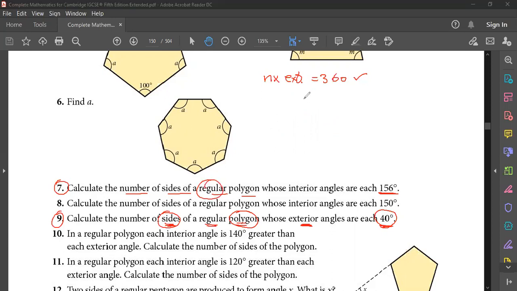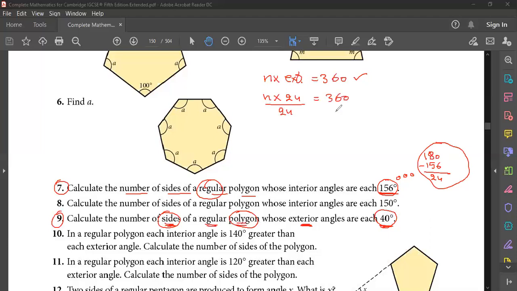It's easier than using the interior rule, which is too long. So n times the exterior, 180 minus 156 is equal to what? 24. So n times 24 equals 360. Continue.